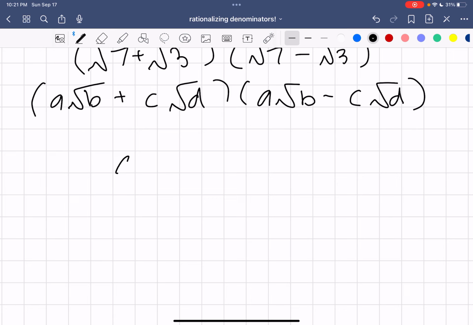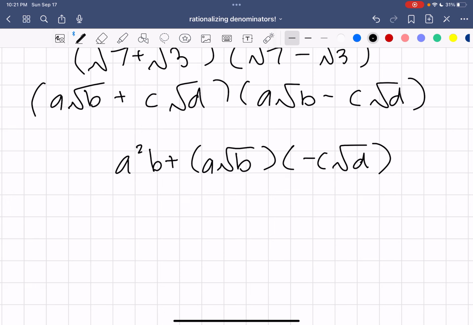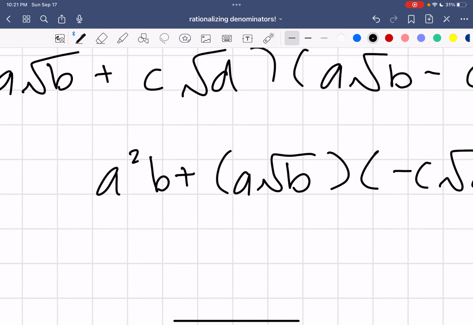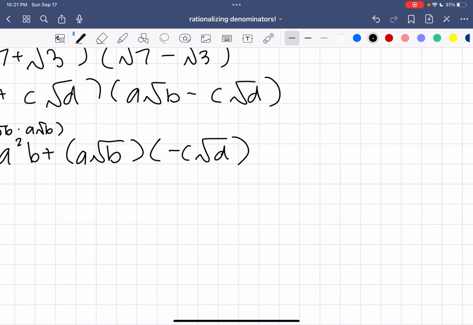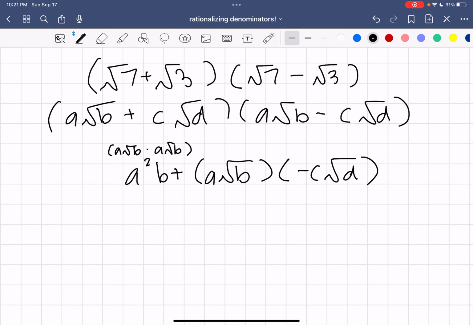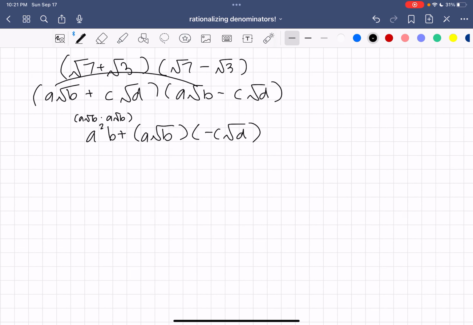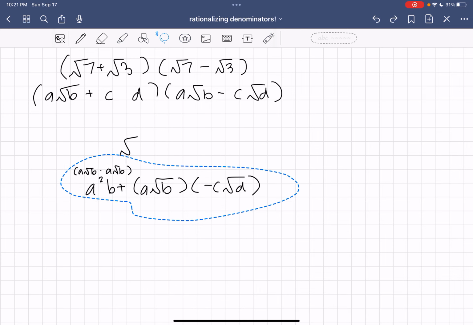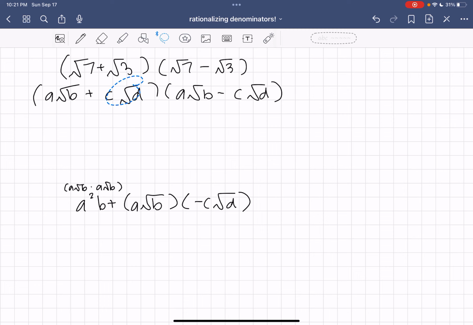You'd get A squared B plus A times square root of B times negative C square root of D. So this right here is just A times square root of B times A times square root of B. Wait, let me set this up better for you guys.